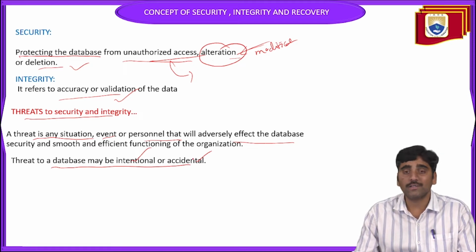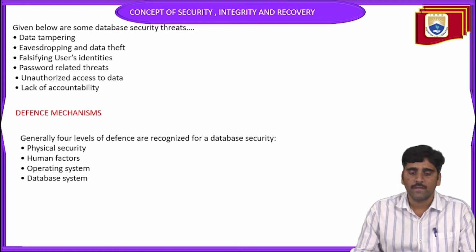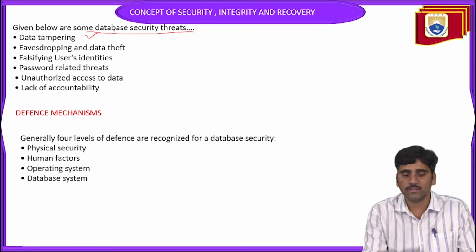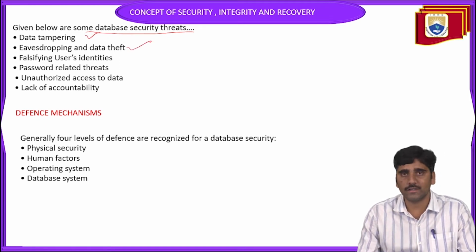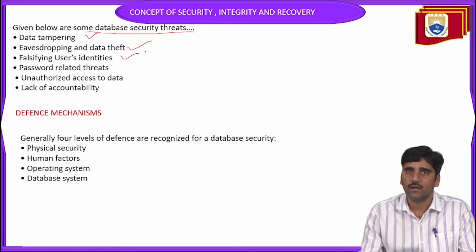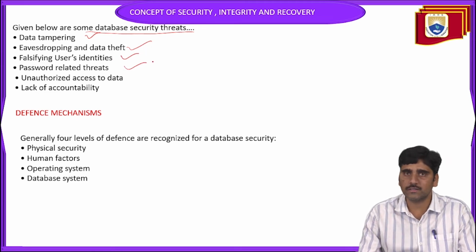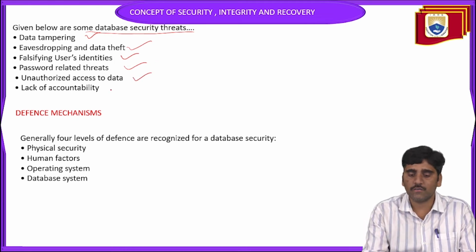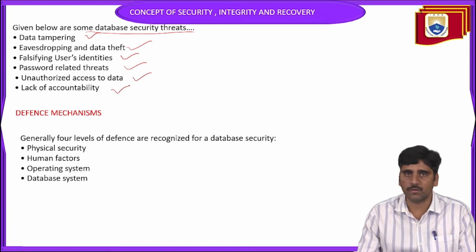Given below are some database security threats. The first one is data tampering, second is eavesdropping and data theft, third is falsifying user identities, fourth is password related threats, and unauthorized access to data, lack of accountability. So these are some security threats.